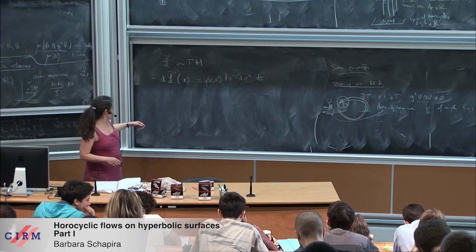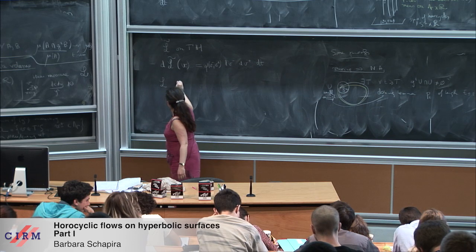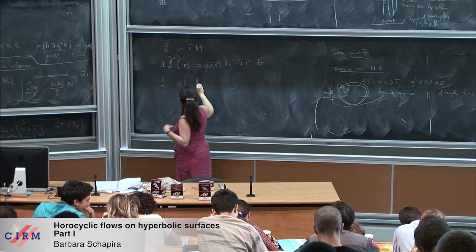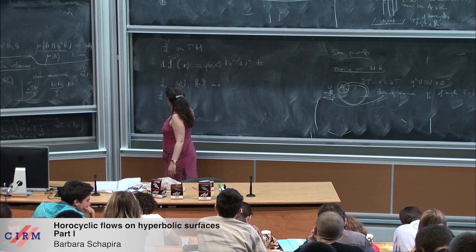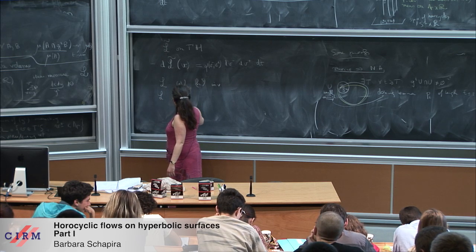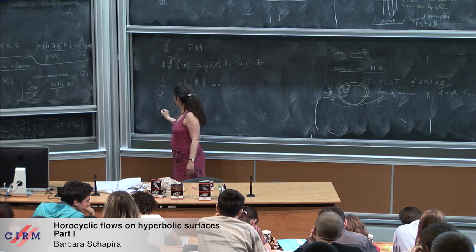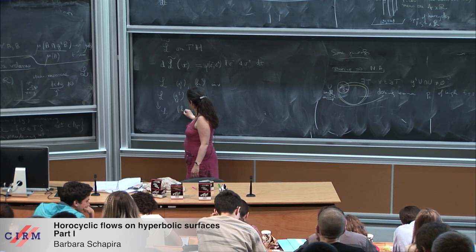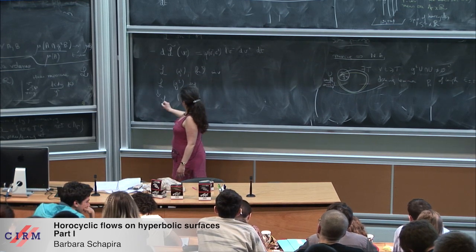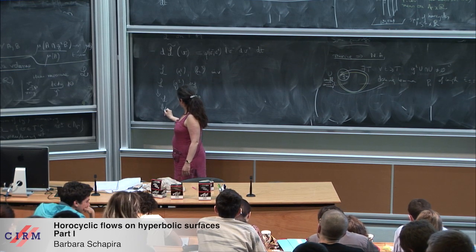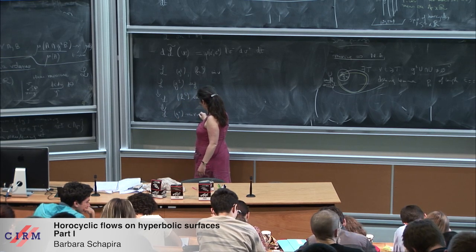This measure, maybe I could just finish with this, is GT and HS invariant. It is ergodic for the action of the geodesic flow. From this ergodicity, one can deduce that it is ergodic for the action of the horocyclic flow. From this, one can deduce that it is mixing for the action of the geodesic flow.